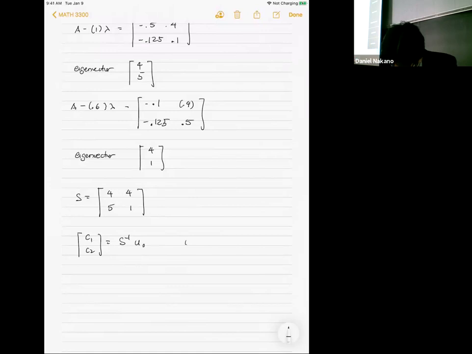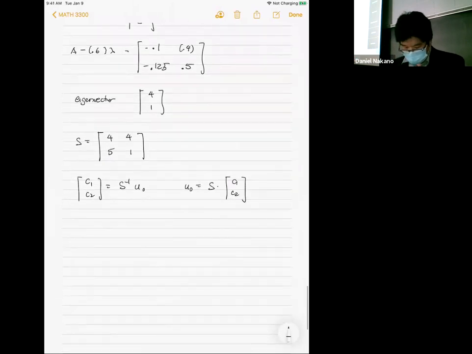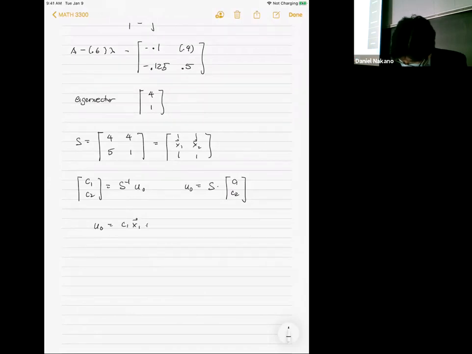So that means that u0 is equal to S times C1 and C2. We know what S is. This is a vector x1 and x2. So we can write u0 as C1 times the vector x1 plus C2 times the vector x2.